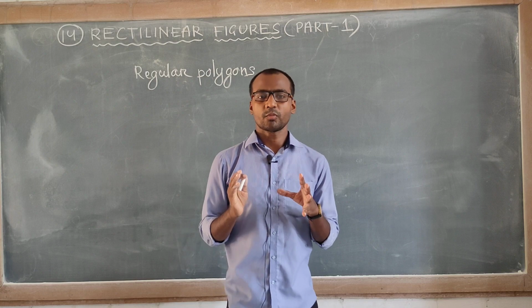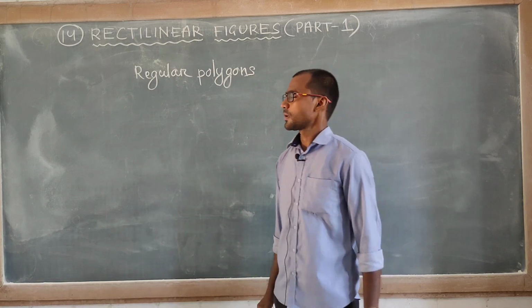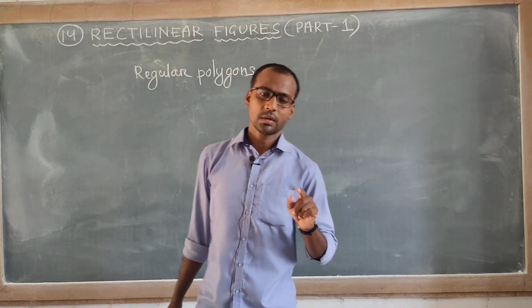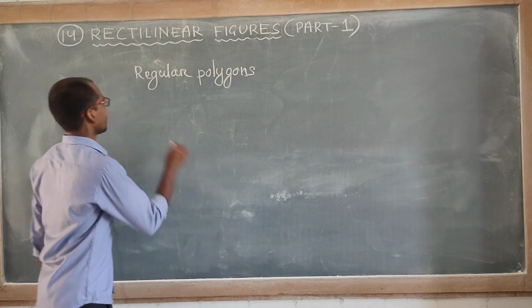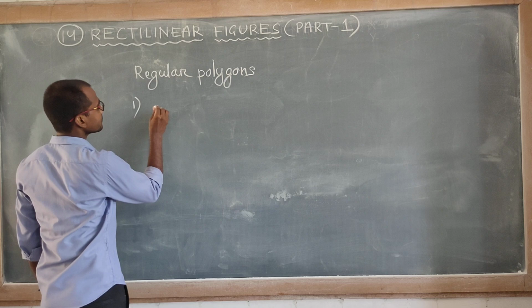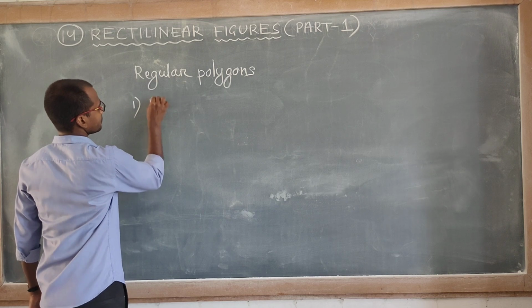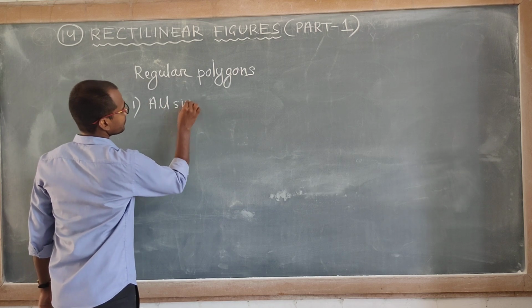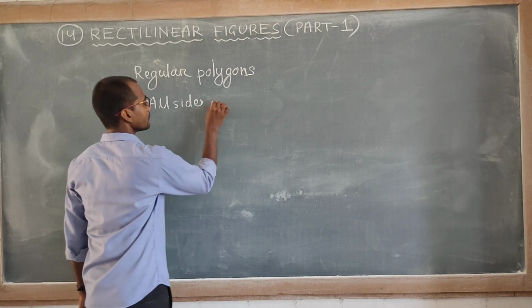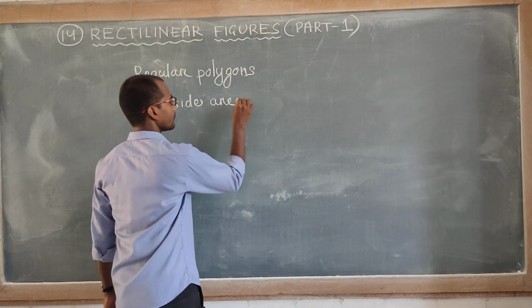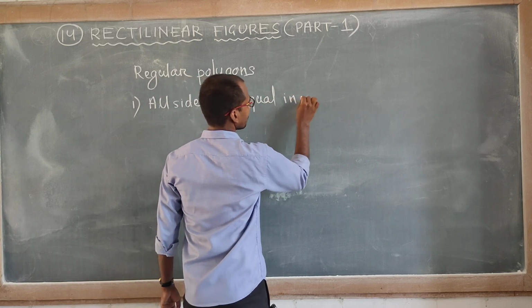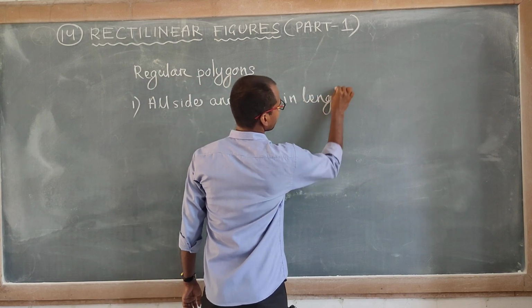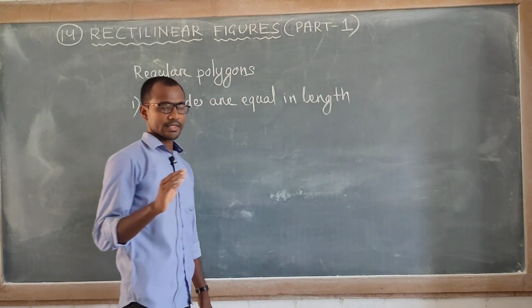Now, what do you mean by a regular polygon? A polygon is said to be regular if it satisfies two conditions. Remember these two conditions. The first condition is all sides are equal in length.